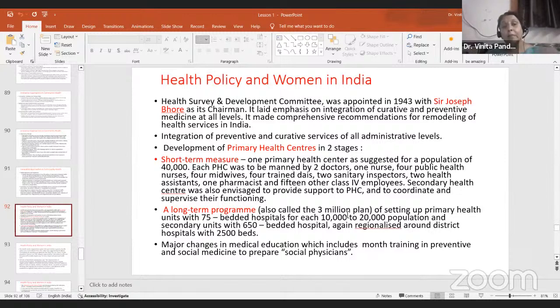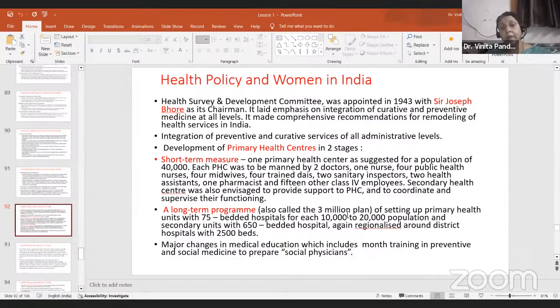Because what is government thinking? Now, when you talk about health policies, it is also connected with the Constitution of India. So now you might wonder, Vinita, how is this connected? This is simply connected by Part 4 of India's Constitution, which talks about directive principles.